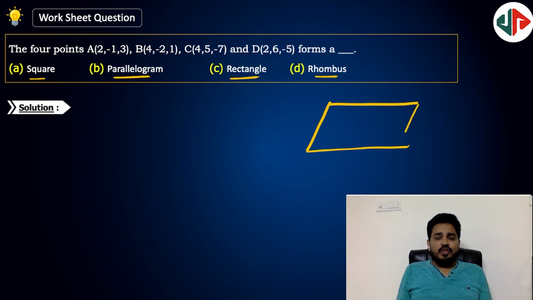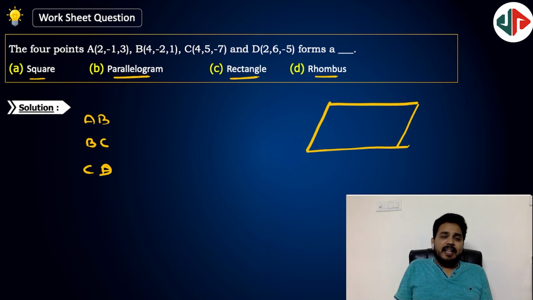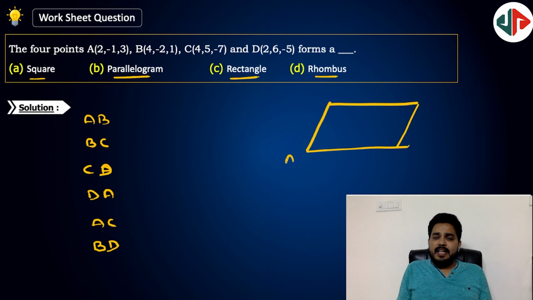Again, to prove this, using the distance formula, you need to find AB, BC, CD and DA, and also AC, BD. Otherwise, let us look at ABCD. What will be the direction ratios? Because we already used distance in the previous one, let us go for the direction ratio.